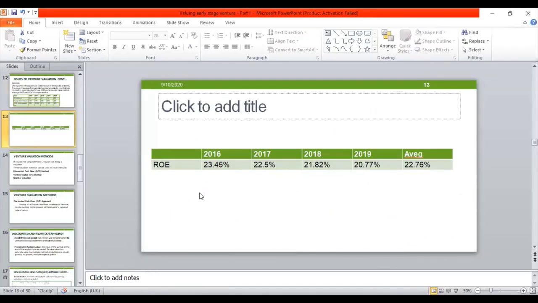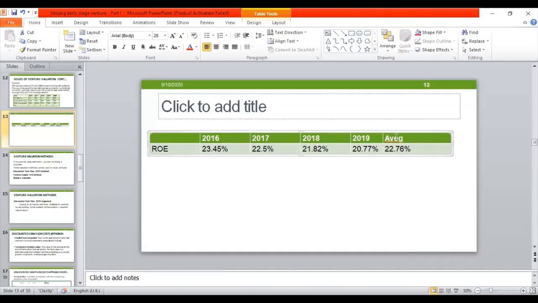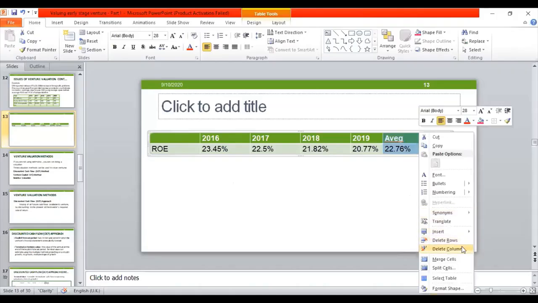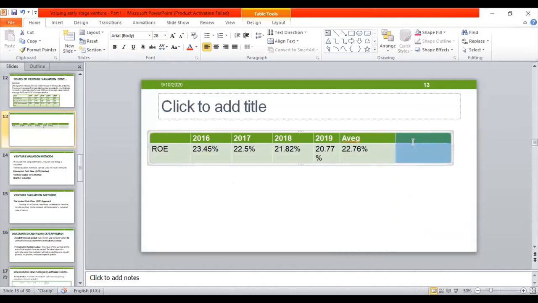So we multiply 22.76% into 225, which is equal to 51.21 million, right? So according to the second approach, the normalized earning value would be 51.21 million.